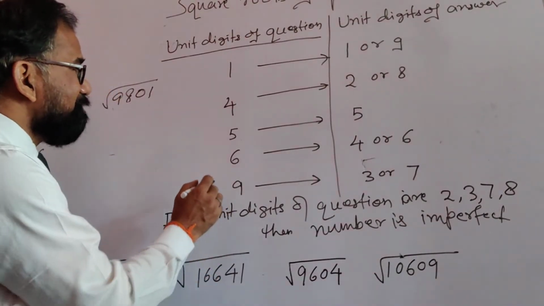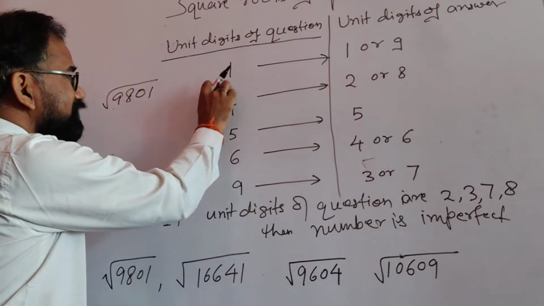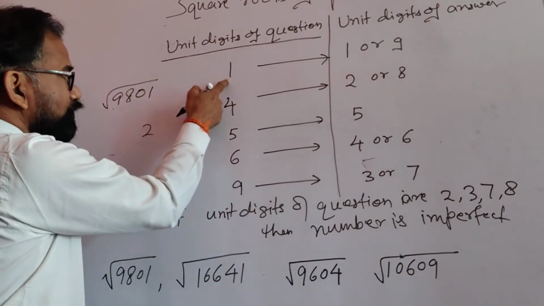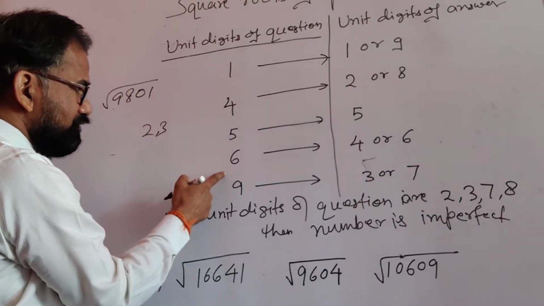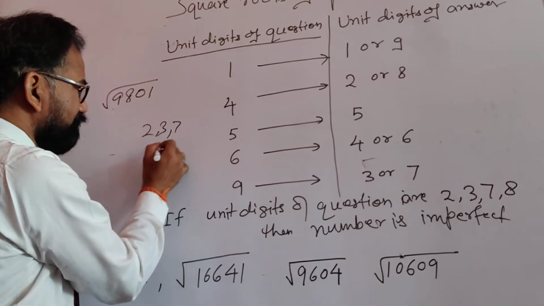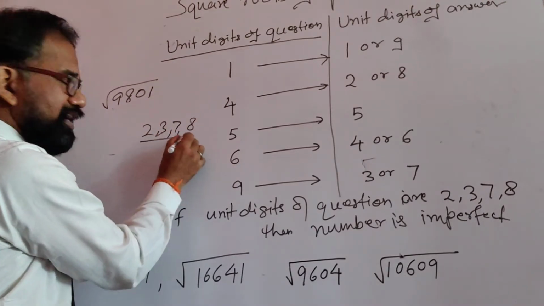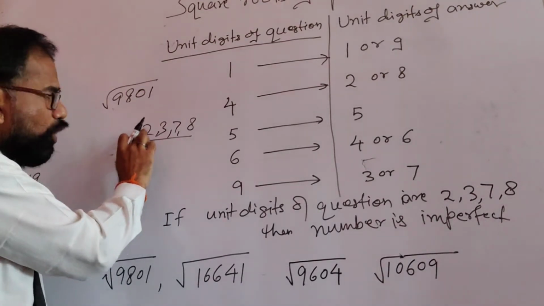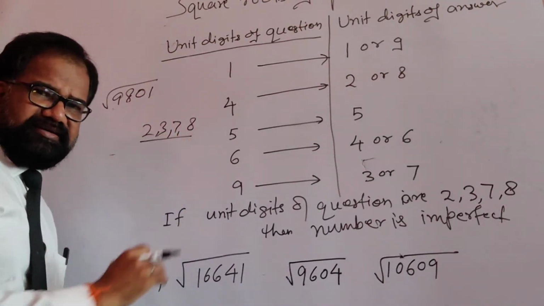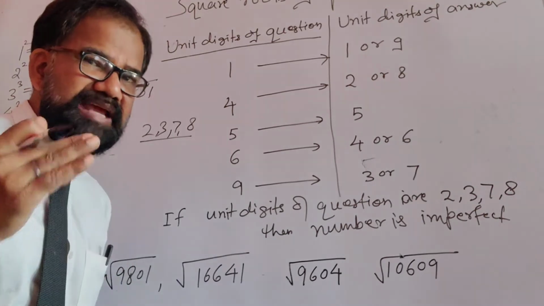And children, if the unit digit of your question is 2 or 3 or 7 or 8, that number will be imperfect.